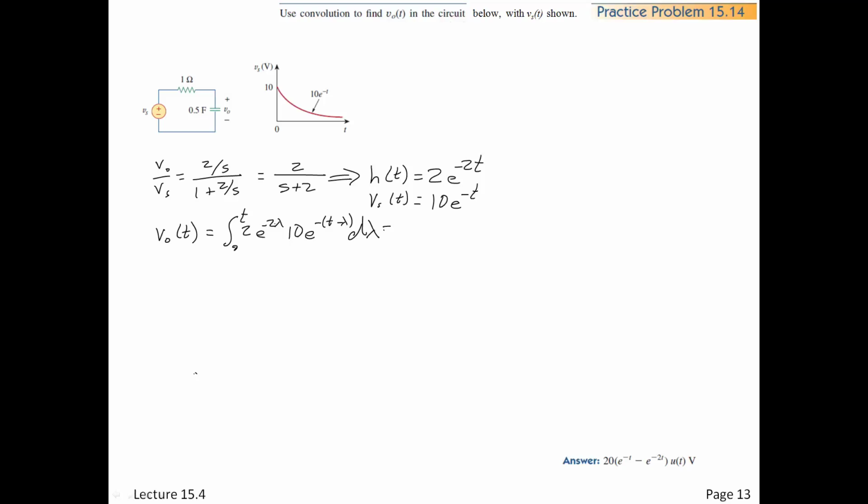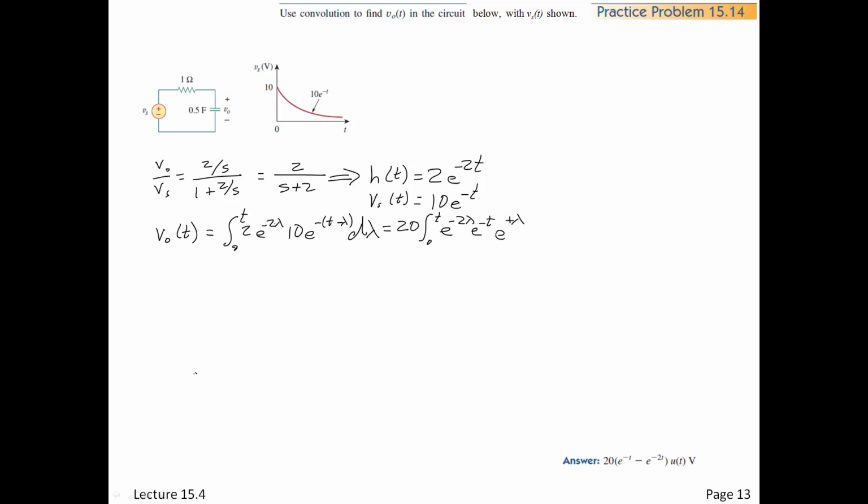Okay, so this gets us to 20. Let's get the constants out of there. Between 0 and t, of what? Let's multiply it all out. We've got e to the minus 2 lambda, times e to the minus t, times e to the plus lambda.